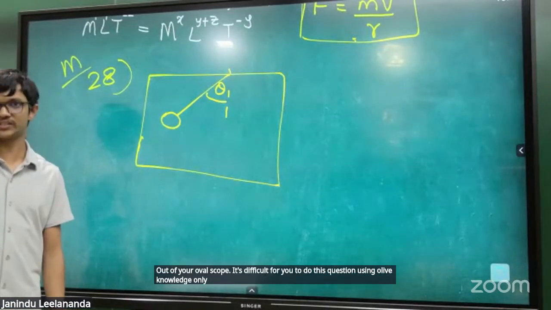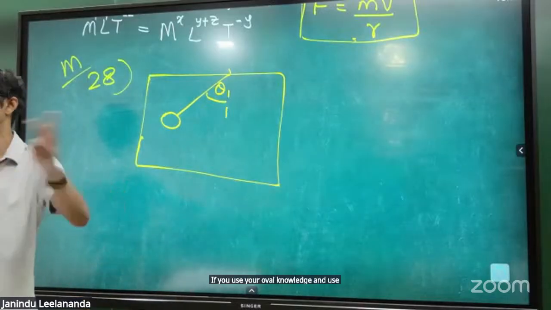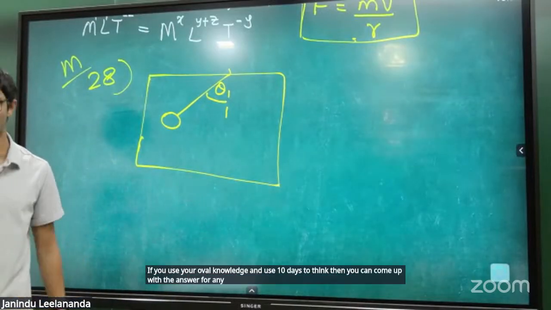Other questions, yes. If you use your O-level knowledge and use 10 days to think, then you can come up with the answer for any question, but not this one.